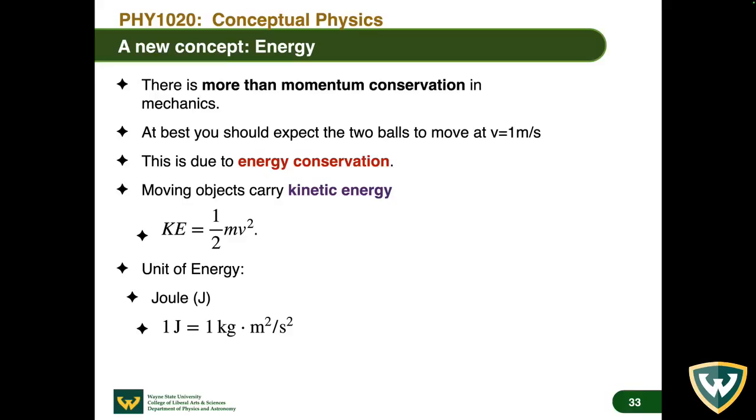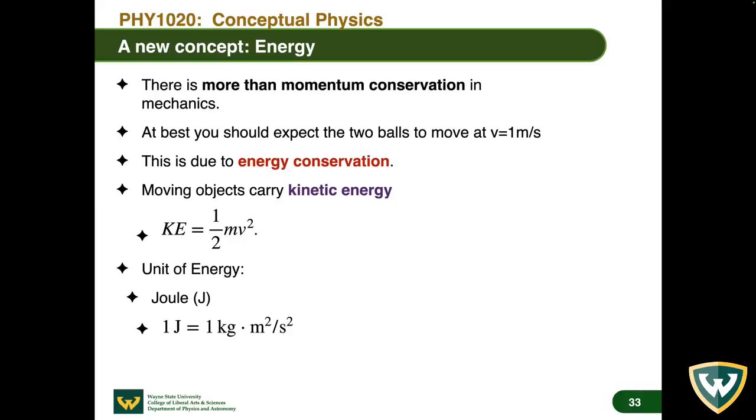Here we will say KE for kinetic energy. And it is defined as 1/2 the product of m by the square of the speed of an object. So the kinetic energy of an object is 1/2 its mass times the square of its speed.